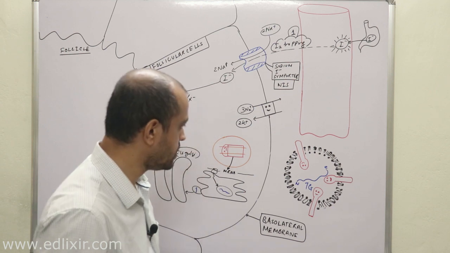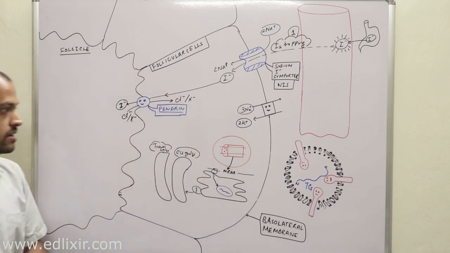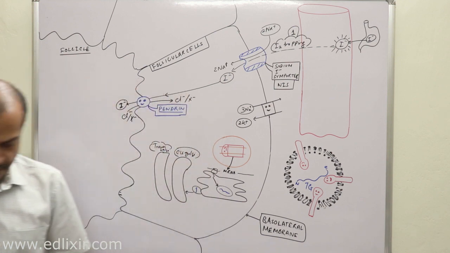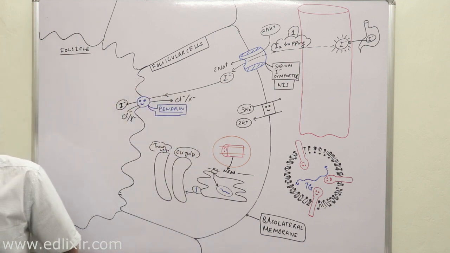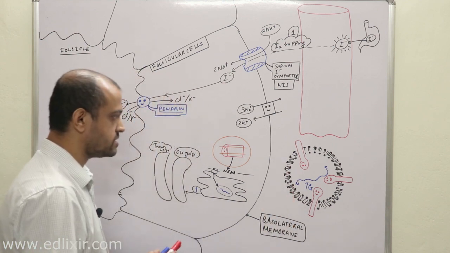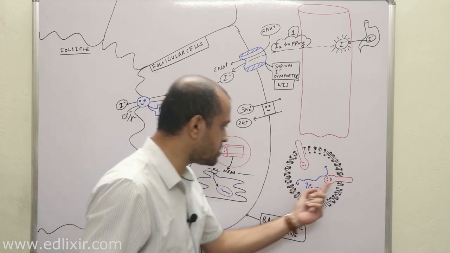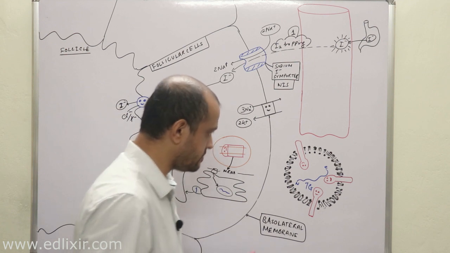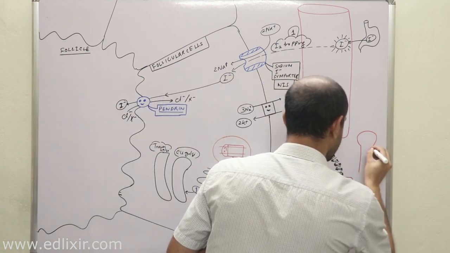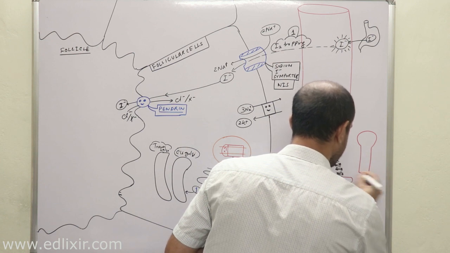Now a very, very important point you need to understand here is this: these thyroid peroxidase molecules, if I draw a thyroid peroxidase molecule here, suppose this is one of the molecules of thyroid peroxidase.